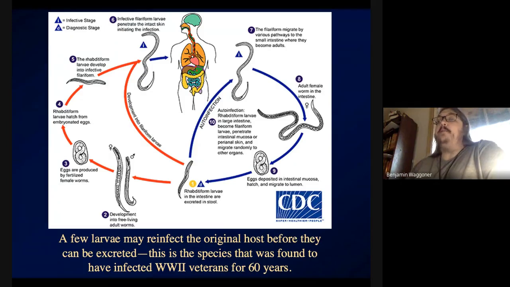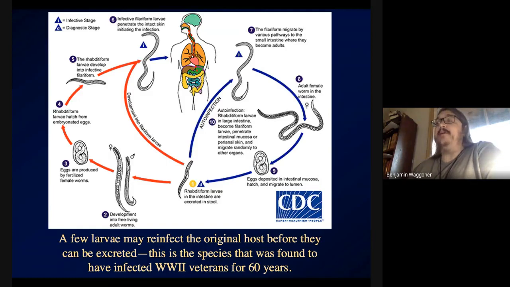Other eggs may hatch in the feces, live as free-living adult worms in the soil, produce eggs in the soil, and then eggs in the soil develop into rhabditiform larvae that transform into filariforms and penetrate the skin.